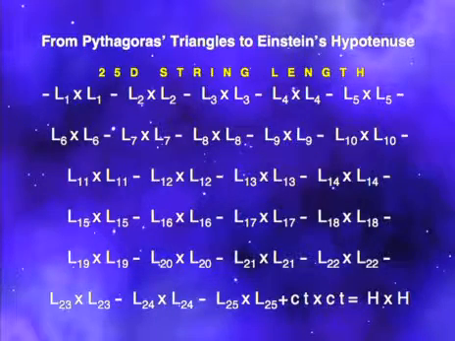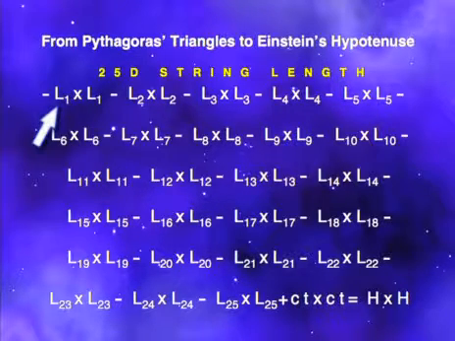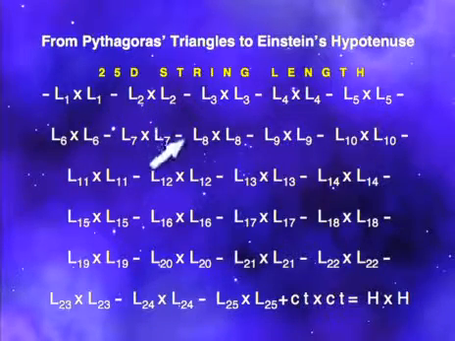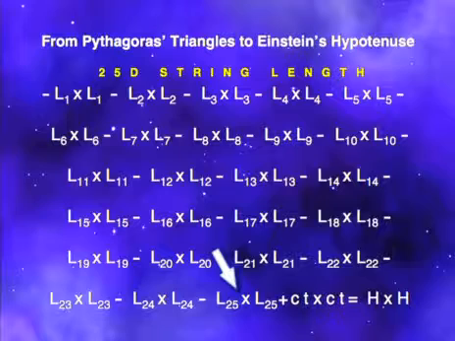The old bosonic string had 25 spatial directions and 1 temporal direction, so that if we talked about the Einstein hypotenuse for such a string, it's this awful formula that you see here. Every one of these L's is a different direction. So L1 would be the first direction, the second direction, until you get all the way down to the 25th direction.